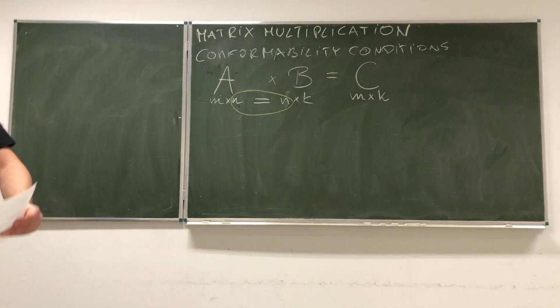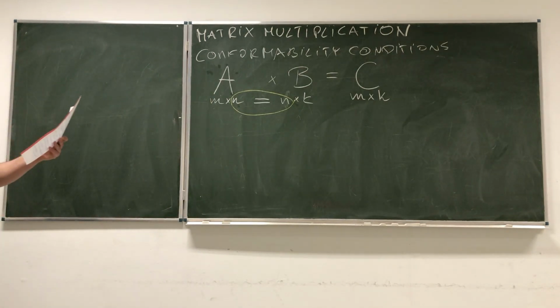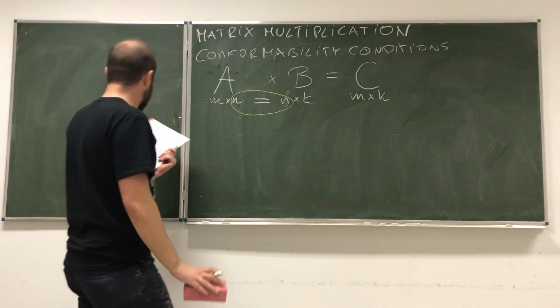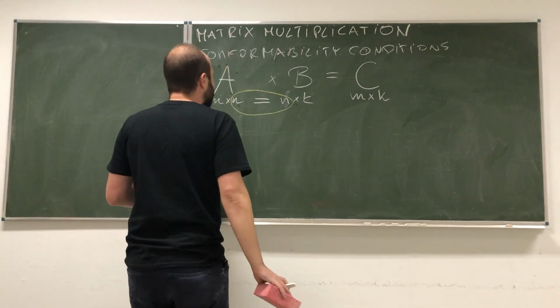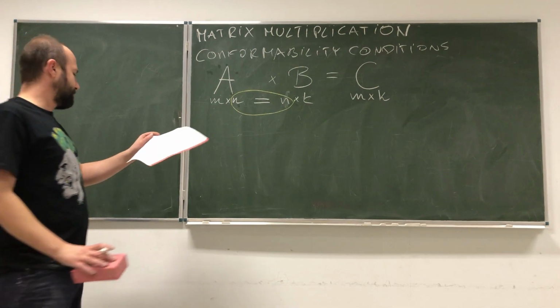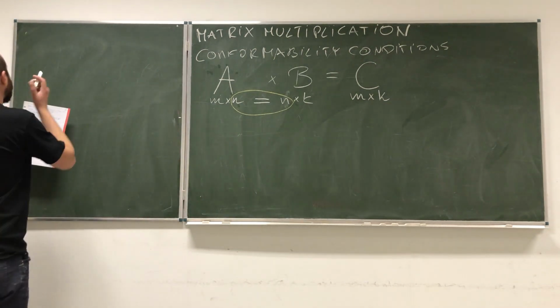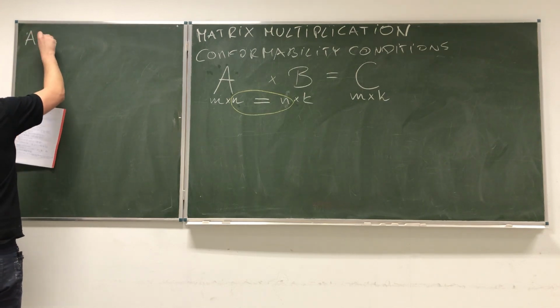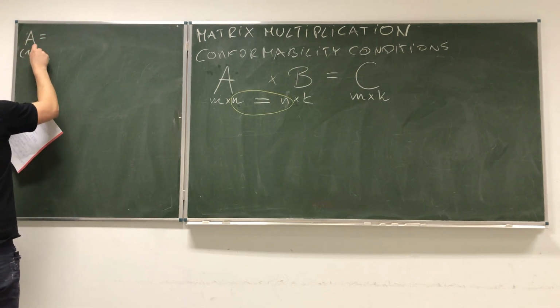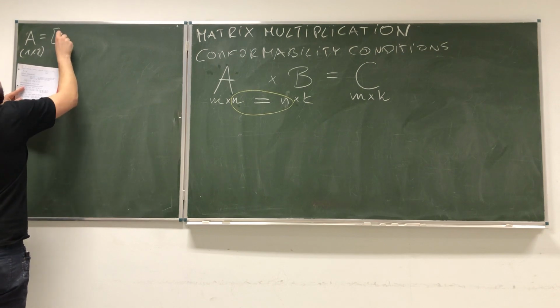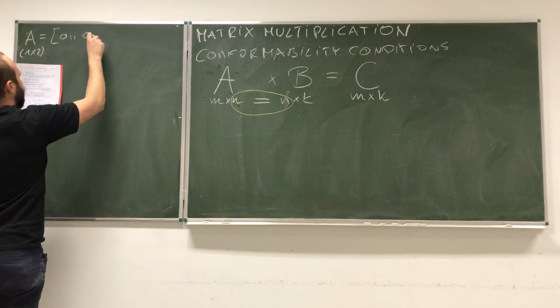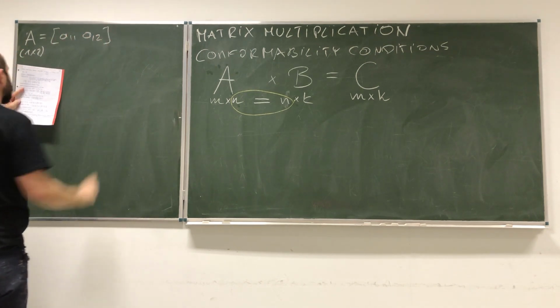Okay, and the entire process of matrix multiplication, I'm going to describe using an example. So let's just say we've got two matrices. A, size 1 by 2, with elements A11, A12.